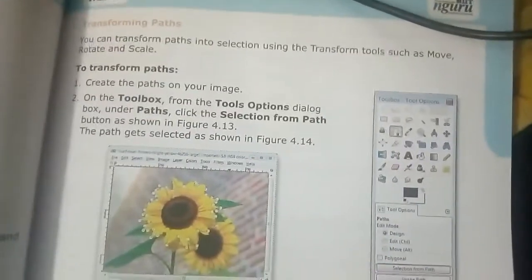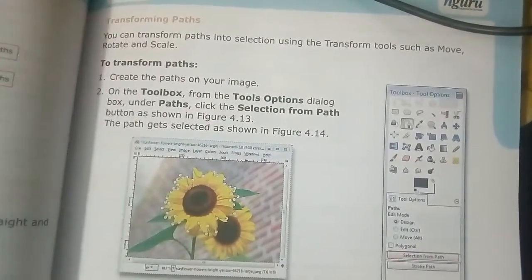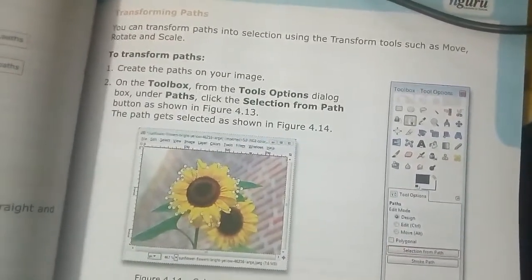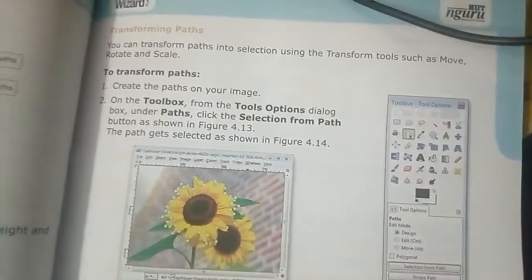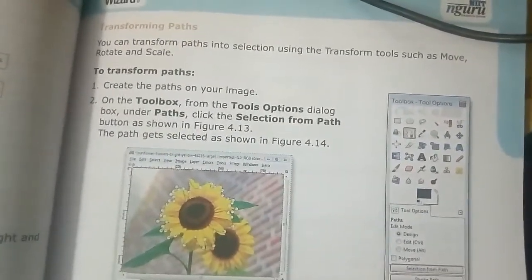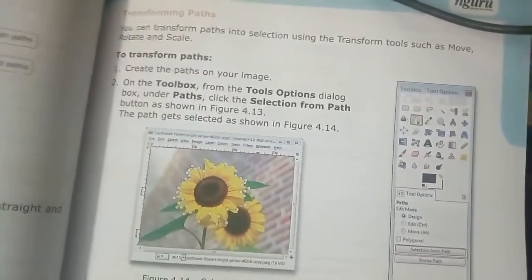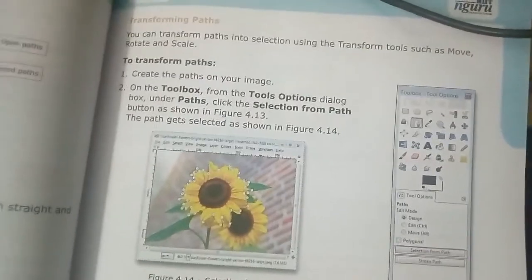Transforming paths: here you can transform paths into selection using the transform tools. Here you can move, scale, and rotate the paths. First you have to create the paths that we have discussed earlier.